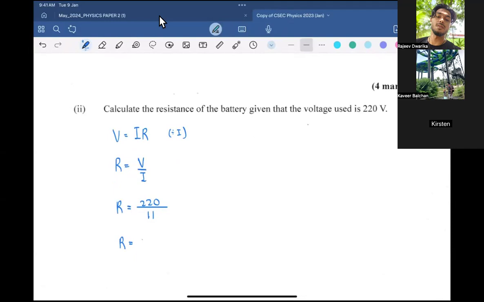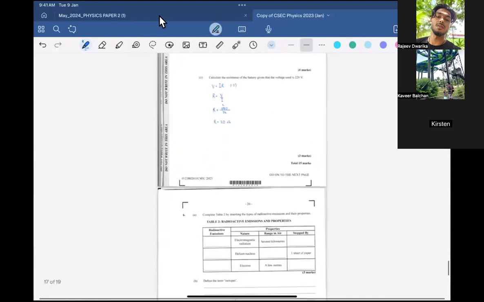Your answer was wrong because you had 11 over 220, but it should be 220 over 11. 11 into 22 is 2, so 20. And what's the unit for resistance? Very important. You need to put the units. Ohms. Right? Cool.